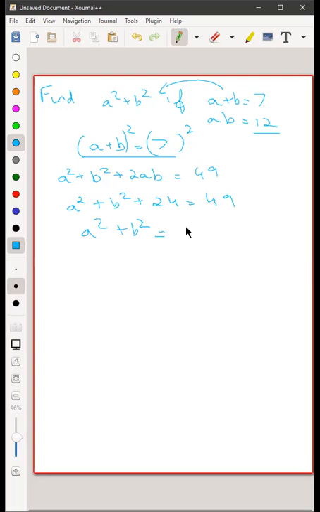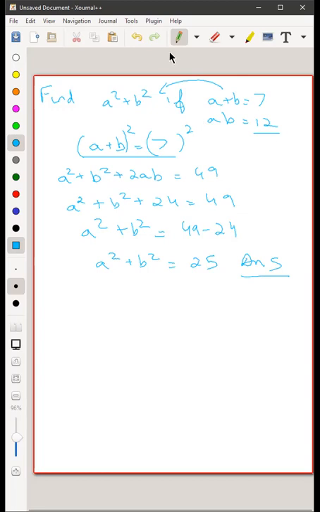So a square plus b square is equal to 49 minus 24, which is 25. Did you get this now? Very straightforward question.